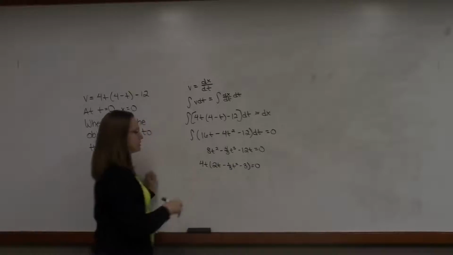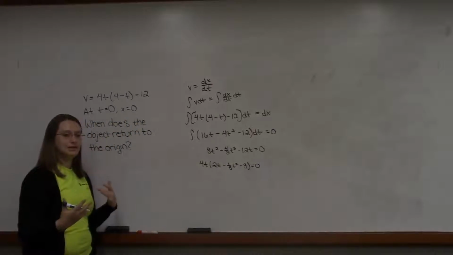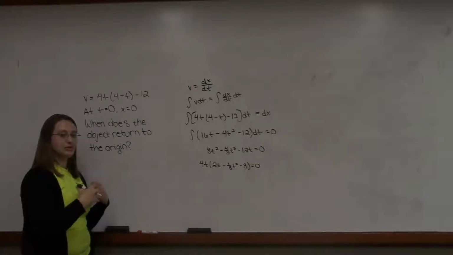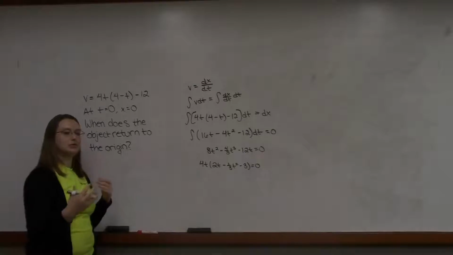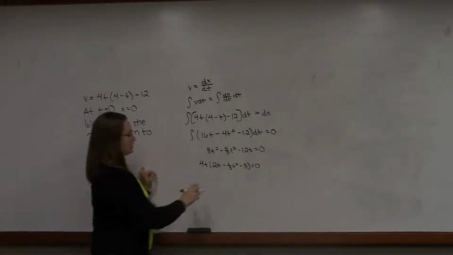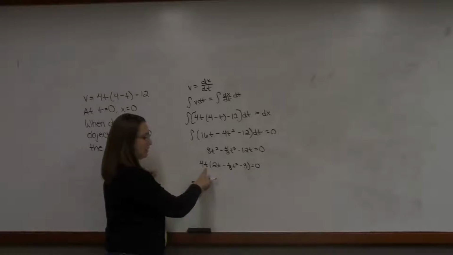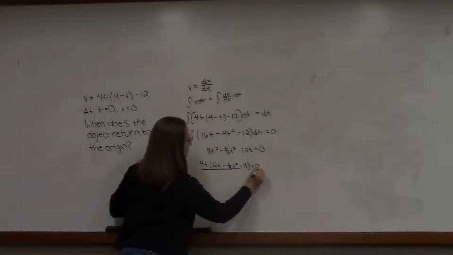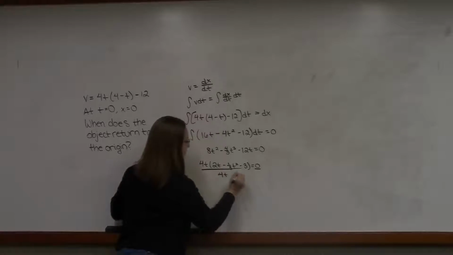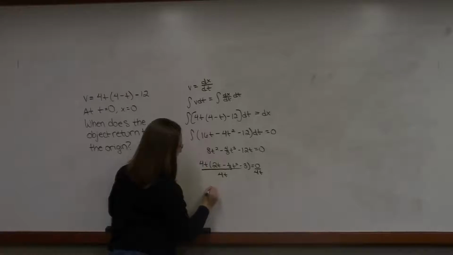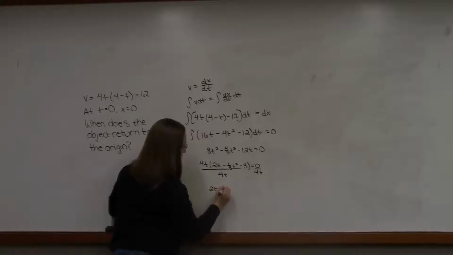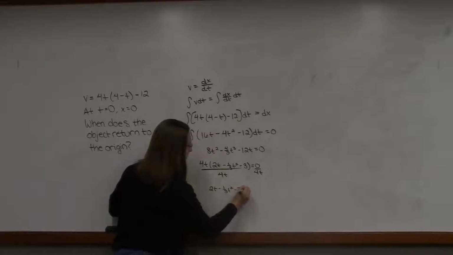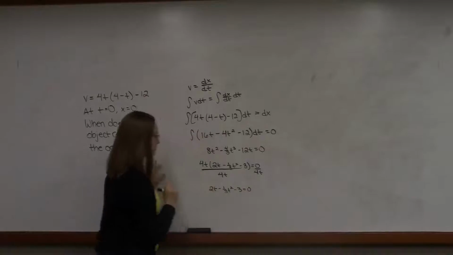And now, since we're assuming we are not at t equals 0, because that's when we started, we're looking for when we return to 0. That means t is not equal to 0, so we can divide both sides by this 4t. That gives us 2t minus 1/3 t squared minus 3 equals 0.